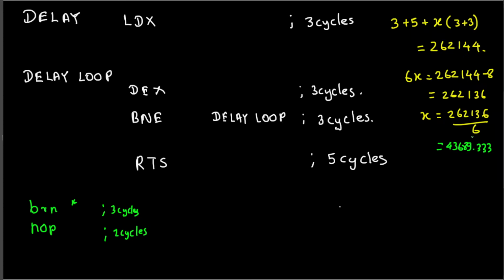To find the value that is divisible by 6, I have to look at the previous even number, which is 262,134, and divide that one by 6.